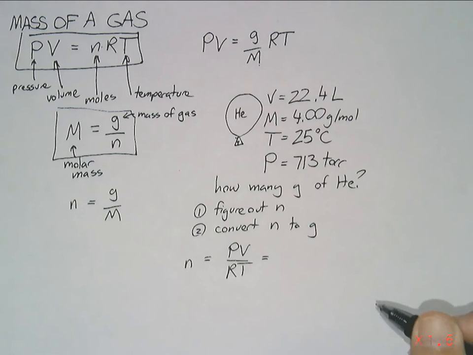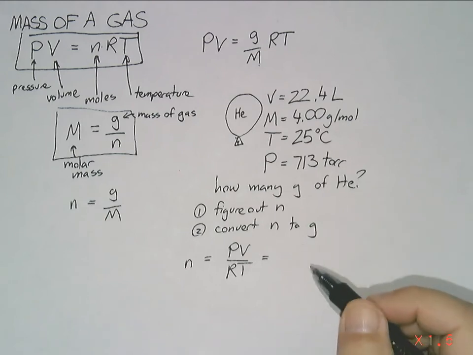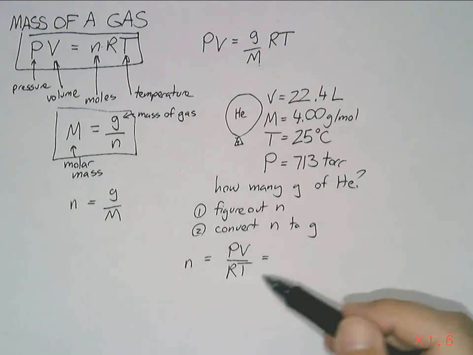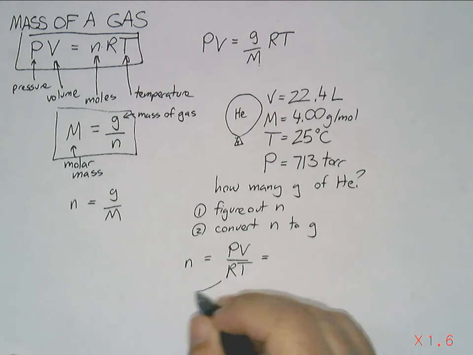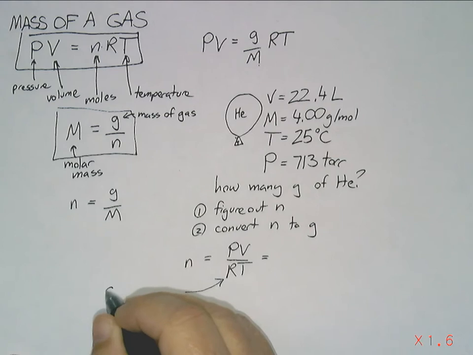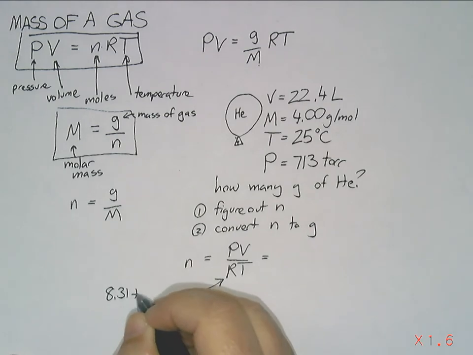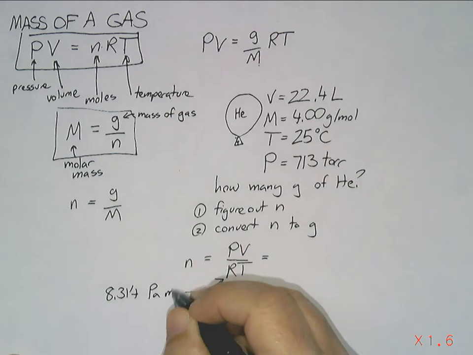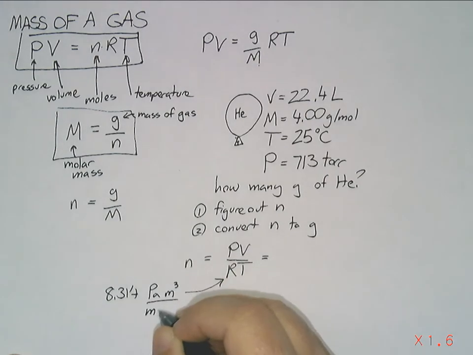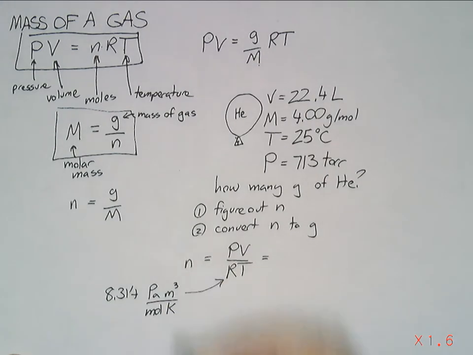So let's put in our values here. I'm going to run into some trouble, right? Because I have to choose a value of R. I know 2 values of R. We've done this before. 8.314 pascals times meters cubed per mole Kelvin. So if I'm using pascals and cubic meters, that's a good value to use.